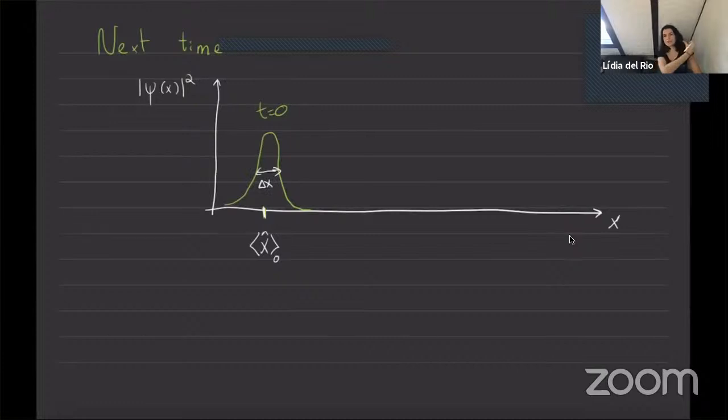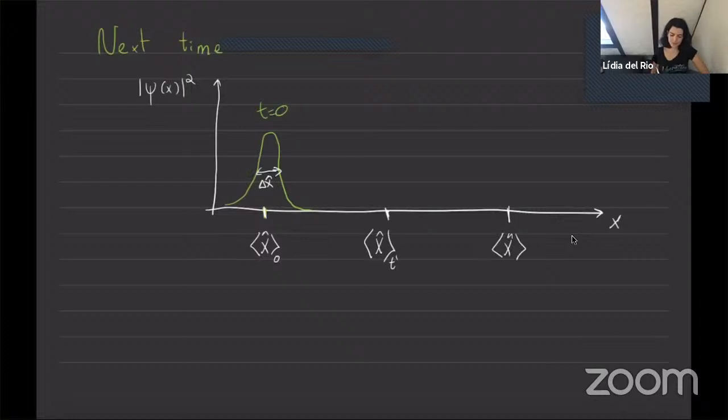Then if it's moving with momentum to the right, what will happen is that the average is going to move linearly. So at some time t prime it's going to be there. At time 2t prime it's going to be double the distance, so it's going to be here. However, what the wave function looks like is that it's going to get more spread out.